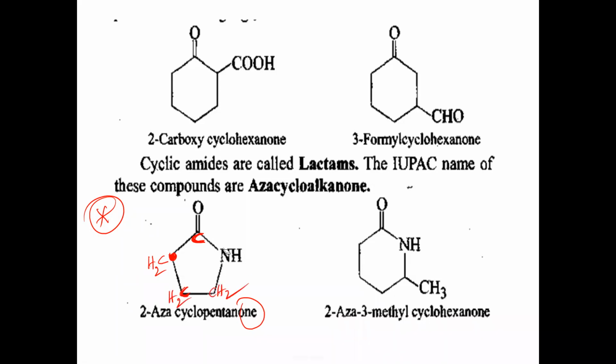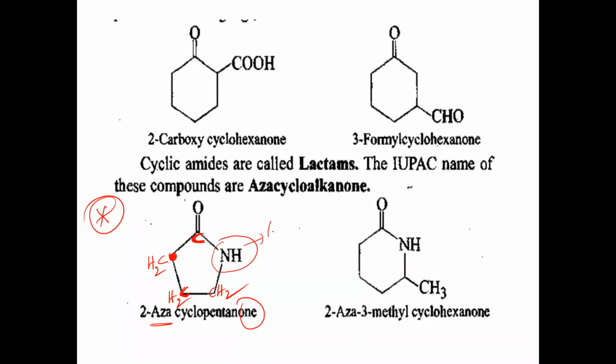But here, in place of CH2, NH is there. That means the carbon of this ring is replaced by nitrogen. Whenever nitrogen replaces a carbon of the ring, we have to use the name AZA. AZA should be used for this NH.